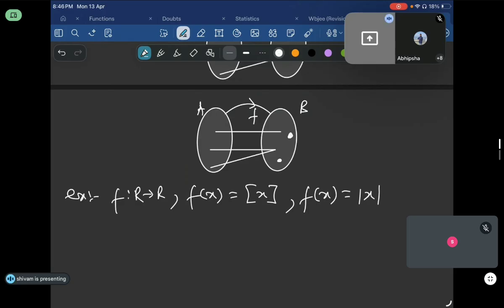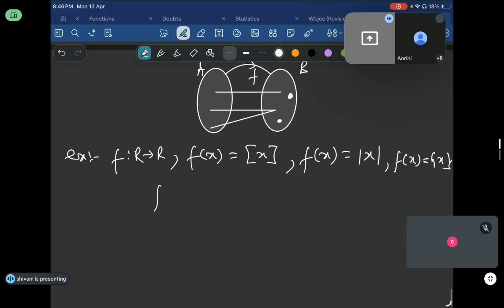Can anyone give me an example by themselves? F of x equal to the fractional part of x. All these are many one functions. What do you think of a quadratic function? Is it one one or many one? Very well, many one.